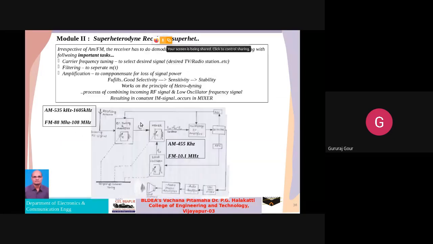Then the mixer will be there as usual. Here the dotted lines are there, and I want to tell about this. Whatever dotted lines you are observing here, only the capacitors have been shown, not the inductances. The capacitances of the RF tuning circuit, RF tuning amplifier, mixer, and local oscillator are all synchronized.